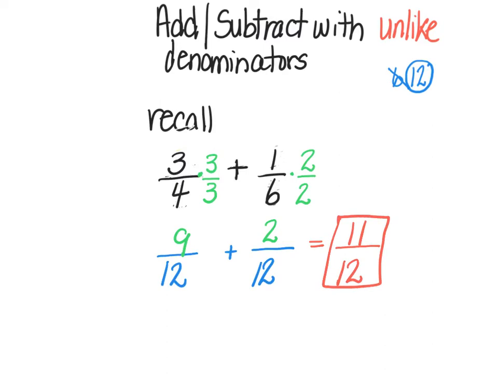So we're going to follow these same exact steps when we're working with the fancy fractions. So example number 2, it's 5 over x minus 3 over x squared. First step is to find that LCD.